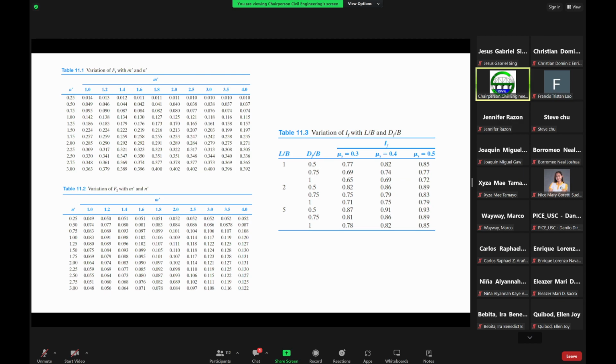And then you have here different values for the Poisson's ratio, depending if you have 0.3, 0.4 or 0.5, depending on the type of soil.